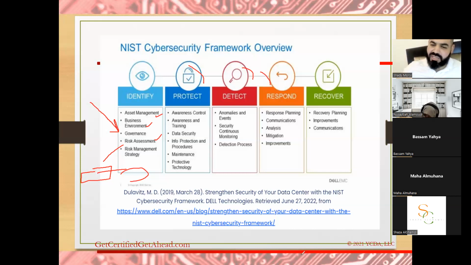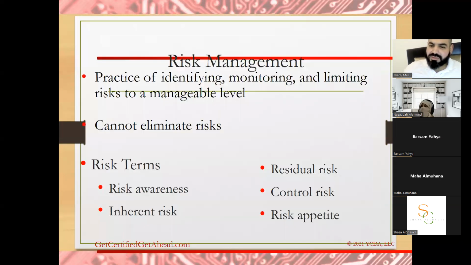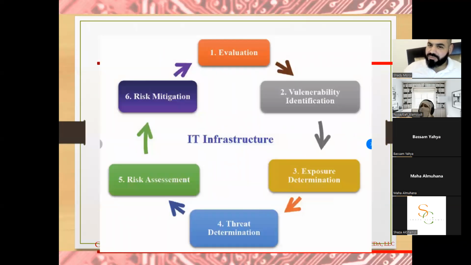If you want to see the risk assessment life cycle, I have included it in this diagram. Let me show you. We go one step down. What we see here is risk management, and this step specifically is risk assessment.